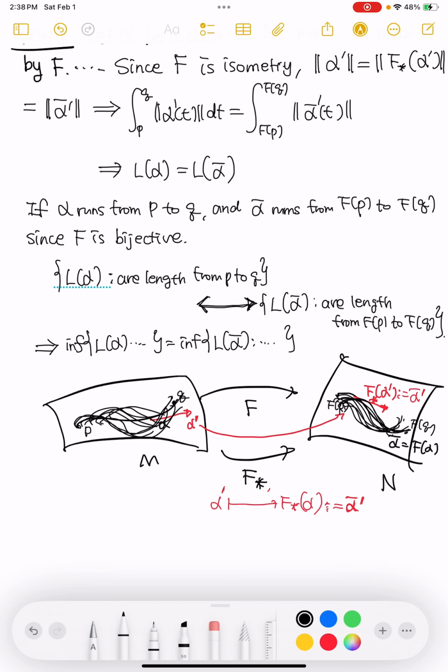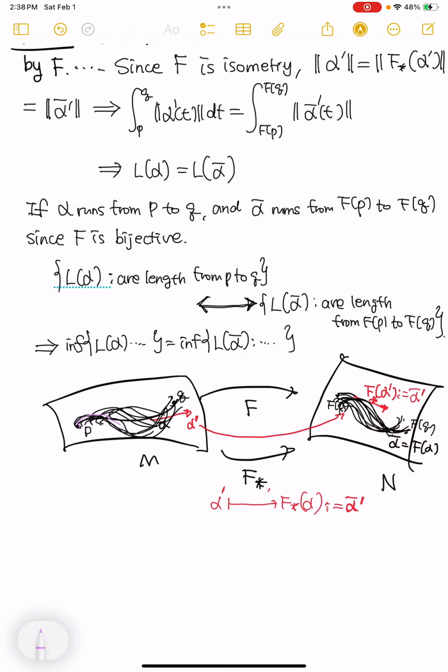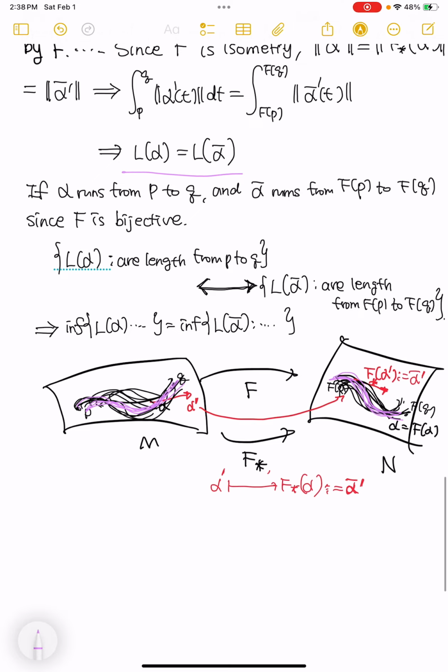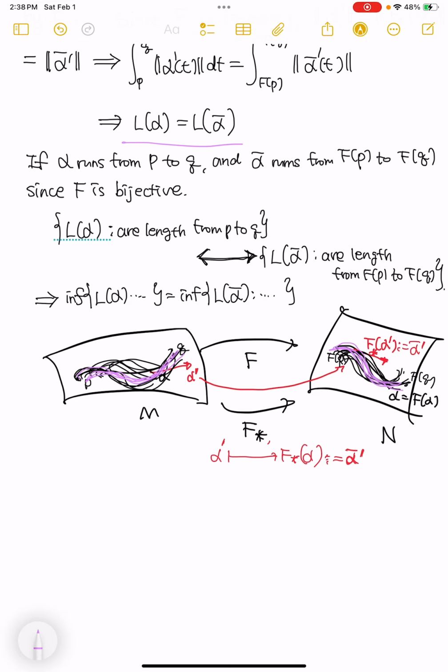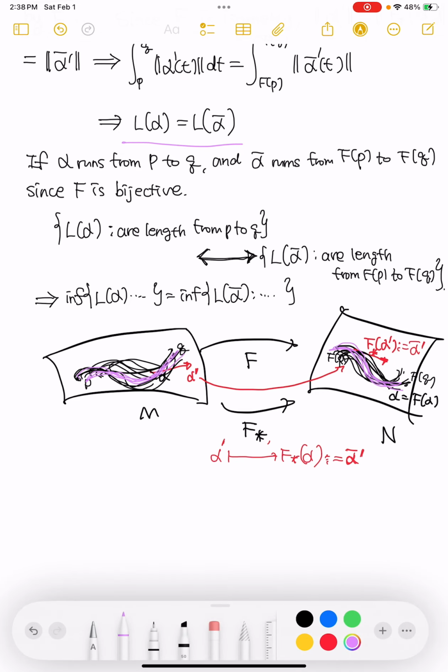So the infimum, the shortest path, we can correspond to the shortest path. And that is the same. So we get the desired result.